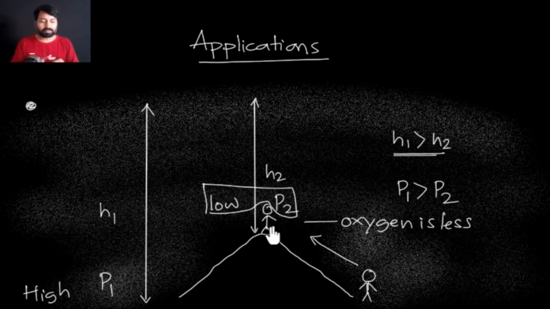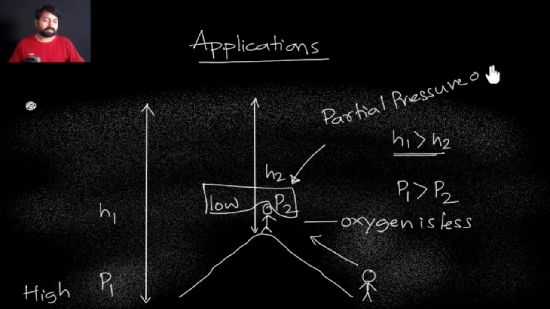That is one part. The amount of oxygen dissolving into the blood in the lungs depends upon the oxygen pressure. Here the number of oxygen molecules is less, and because of that the partial pressure of oxygen at the mountain is less. Let me write this: the partial pressure of oxygen, only oxygen I'm talking about, O2, is less.